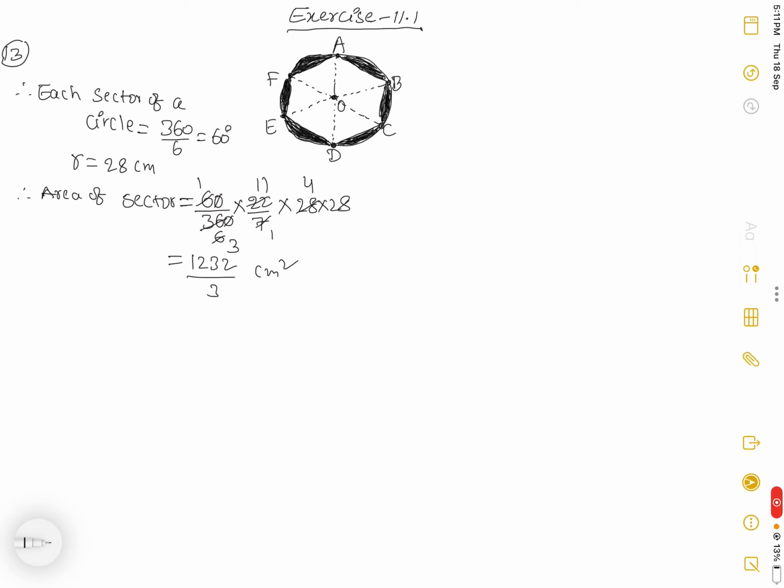In this problem we observe, we take one design. OABP is a sector. The angle is 60 degrees.